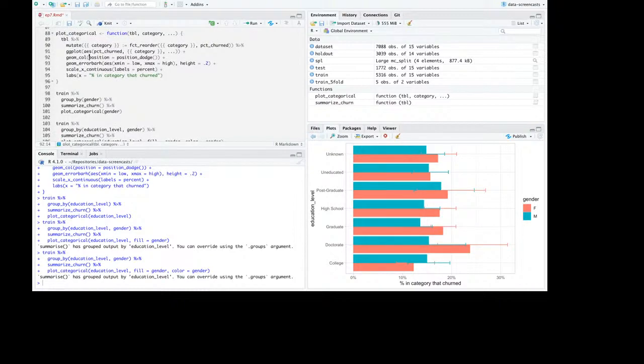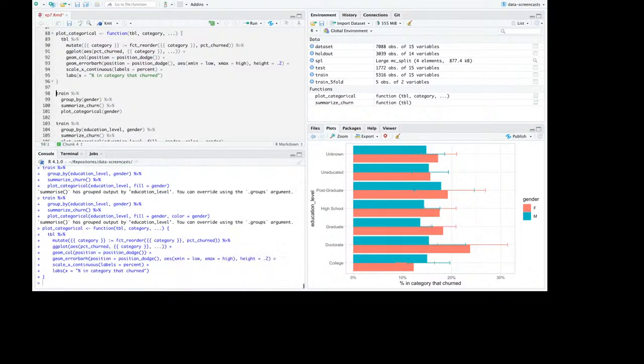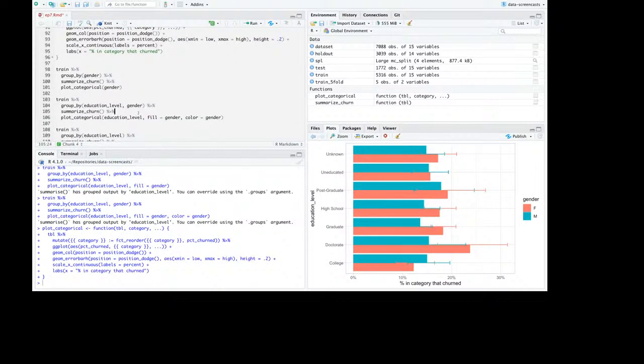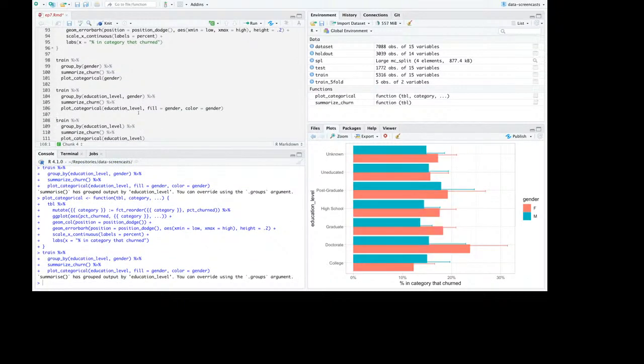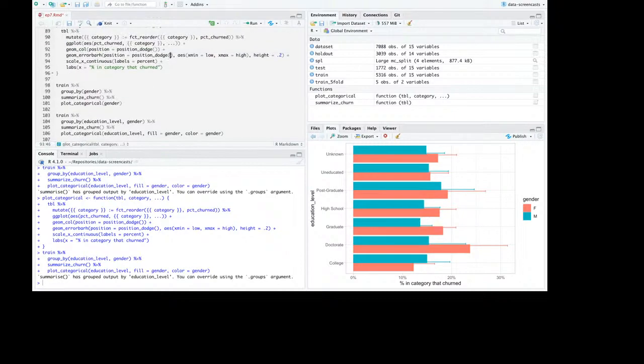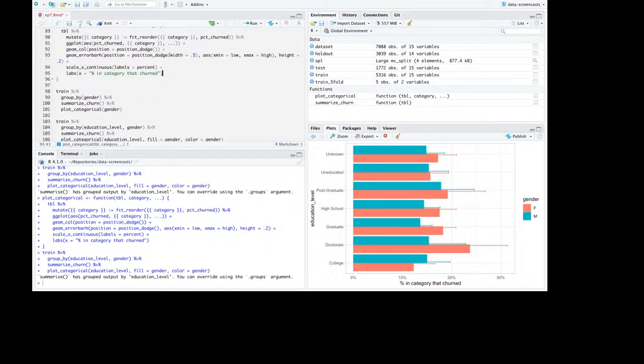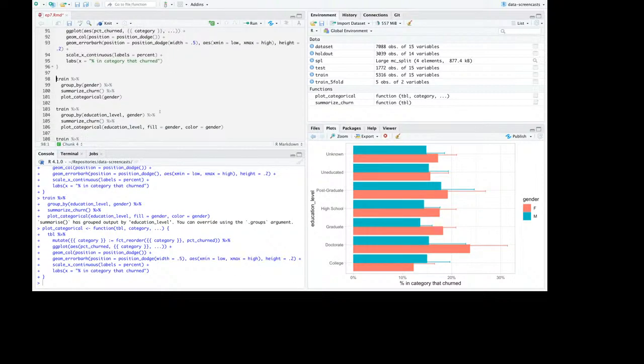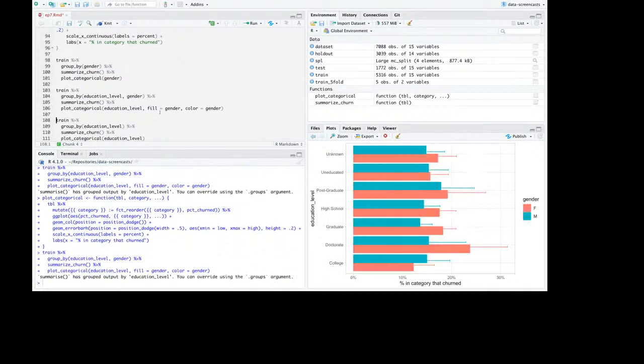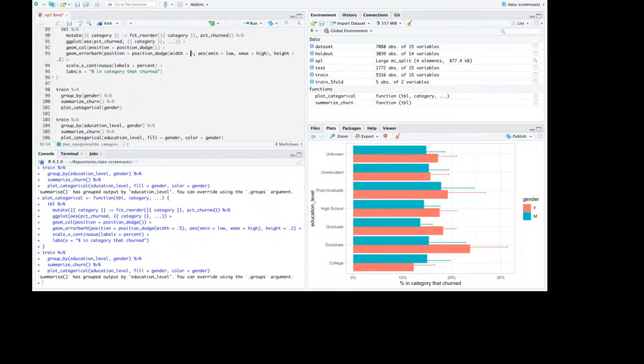And in the error bar H, I'm going to need position equals position dodge. I don't know if this is going to work, and it's okay for me if it doesn't. Position, it is, but it's not wide enough. Width equals 0.5. I'm not sure what the exact width is. Width equals 1.